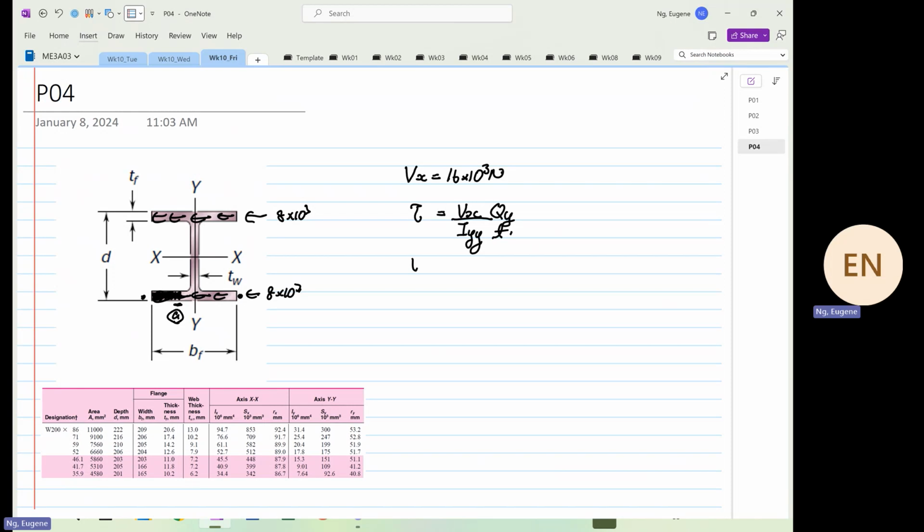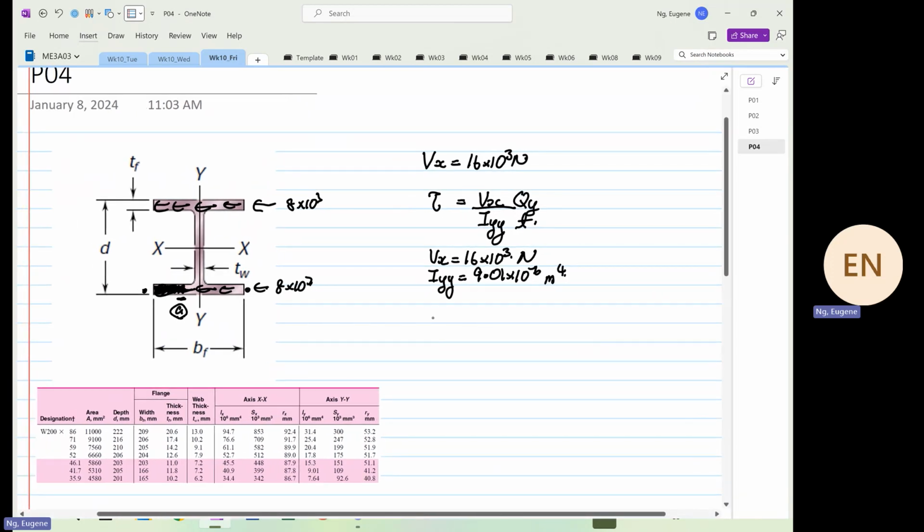We know that Vx is equal to 16 times 10 to the power of 3. Iyy, we look at the table, is 9.01 times 10 to the power minus 6. This is in Newton, this is meter to the power 4.